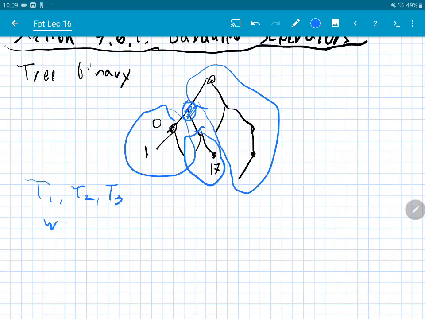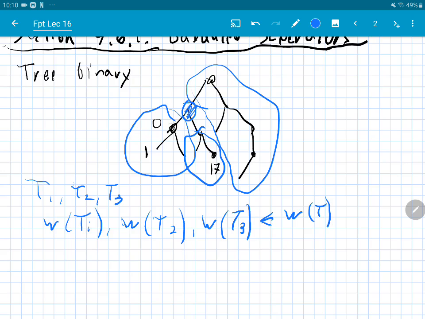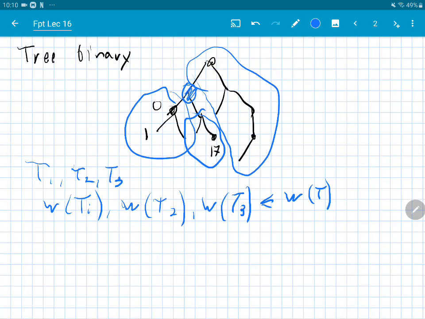So the weight of each one of those trees, and in fact it would be convenient, one has to be a bit careful about whether or not we include the separator. So let's assume that we don't include the separator, just conceptually for the time being. So the weight of each one of those trees is going to be at most half the weight of the original tree. So this is the claim, that there is always a separator node that has this property, where weight is again the weight of the vertices. And the proof is easy.